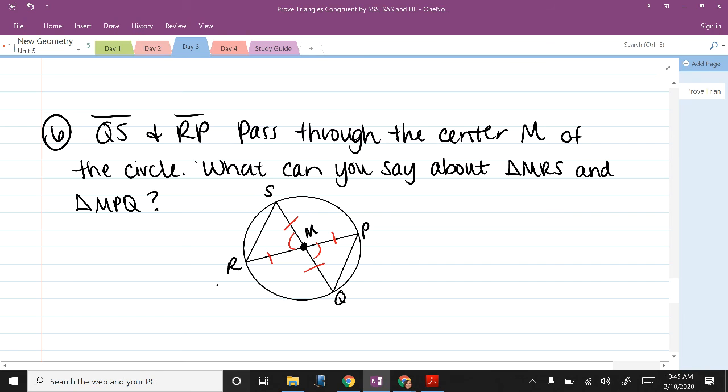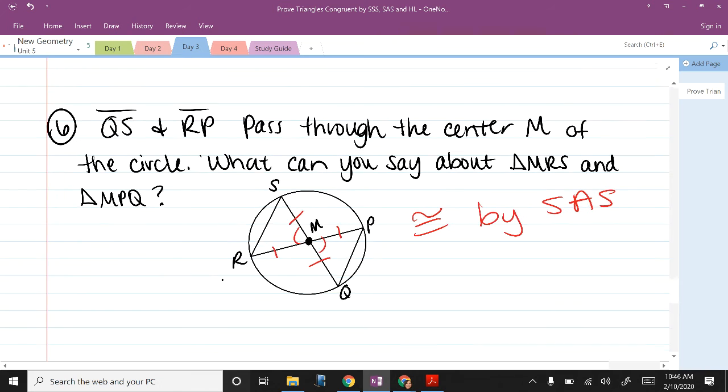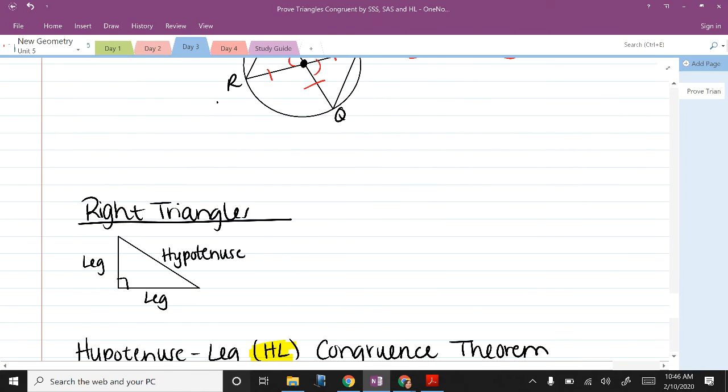So now I can say these triangles are congruent because of what? If I'm doing a proof, I would say these two angles are congruent by vertical angle theorem, and then I would have the triangles congruent by side, angle, side. I'm going to write congruent by side angle side. Because they didn't ask me to prove it, did they?